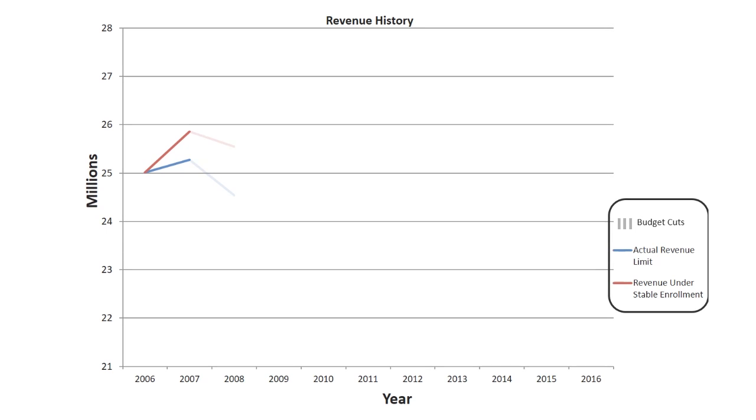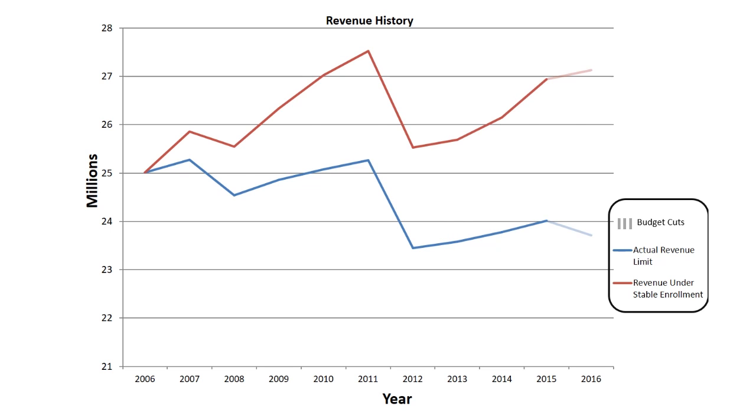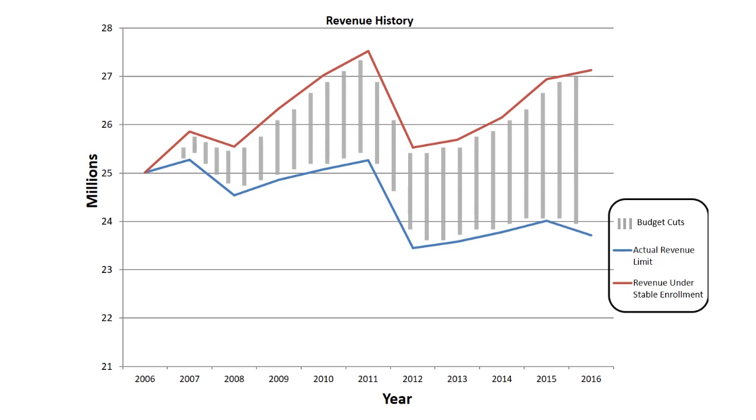So on the graph, the bottom line is our revenue limit. And the revenue limit is a per pupil allocation that the state allows us to spend. The red line would be the revenue limit if we had level enrollment.